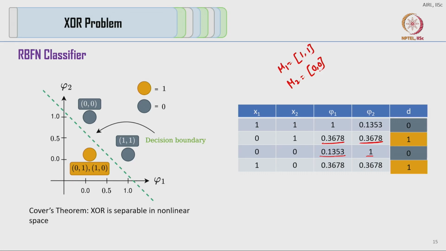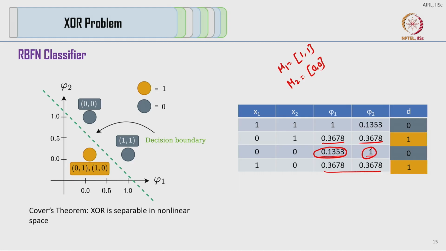When a sample falls exactly on the center, it gives a maximum output. For 0 comma 0, 1 comma 1 is far away, hence the output is smaller. Whereas for 1 0, both neurons give more or less the same output because they are almost equidistant, as the spreads are the same.